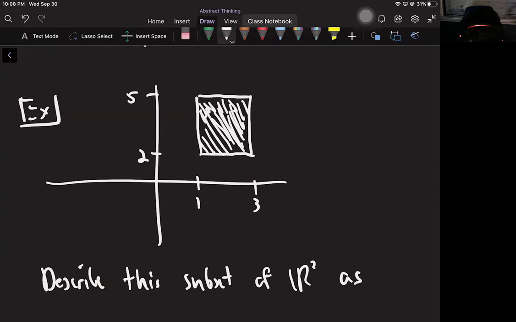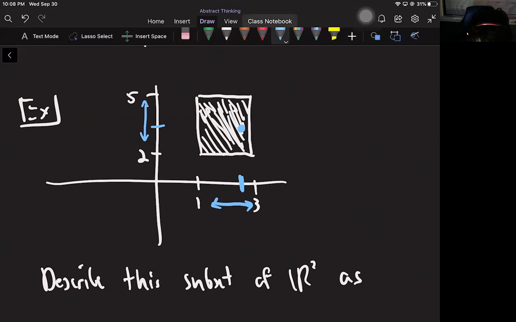as what? Well, let's think about what it would mean to be in this rectangle by just thinking about one specific point right here. What property dictates what this point is? Well, the idea is that the x-coordinate is restricted between 1 and 3, while the y-coordinate is restricted between 2 and 5.